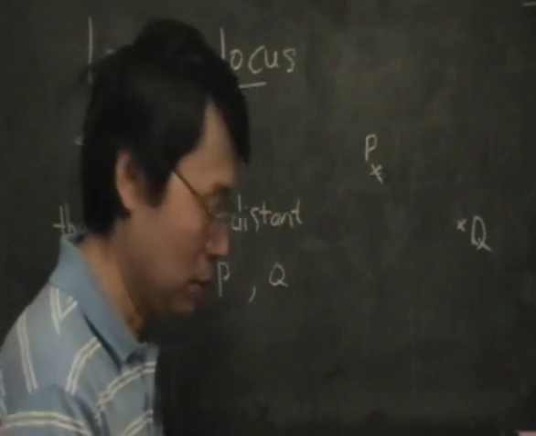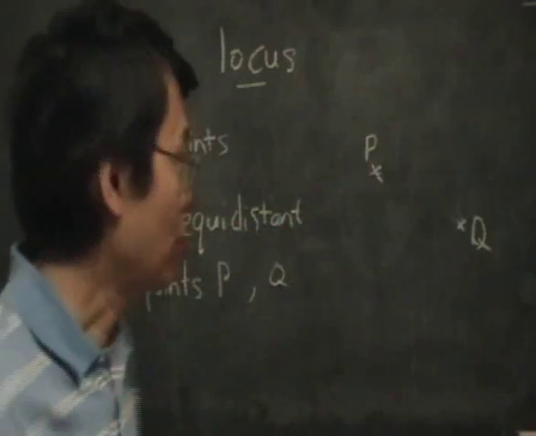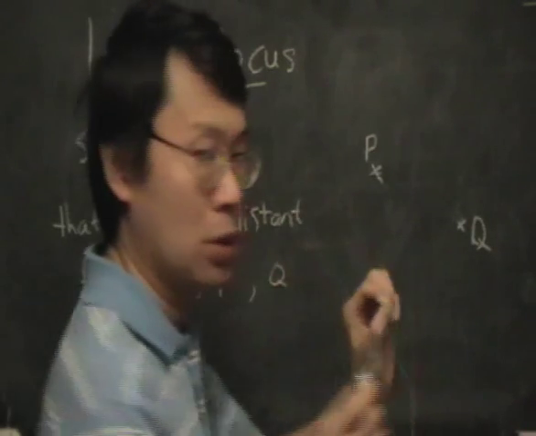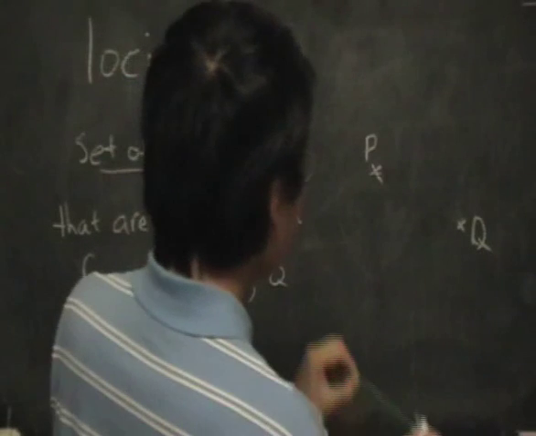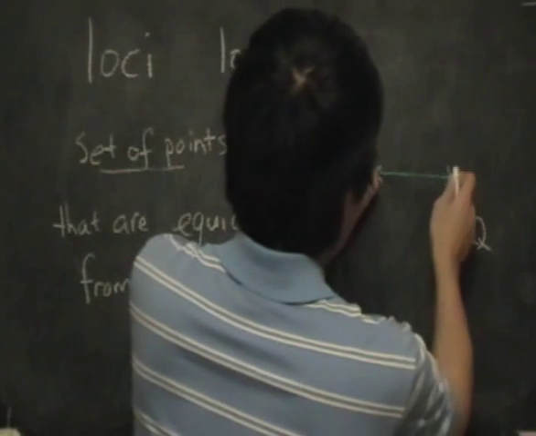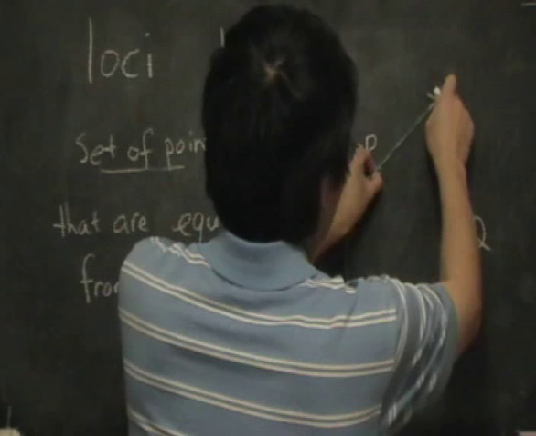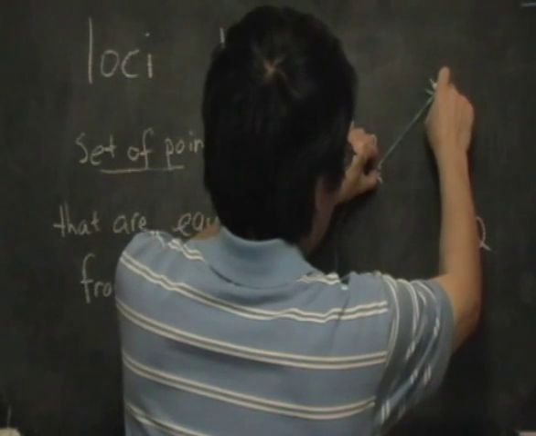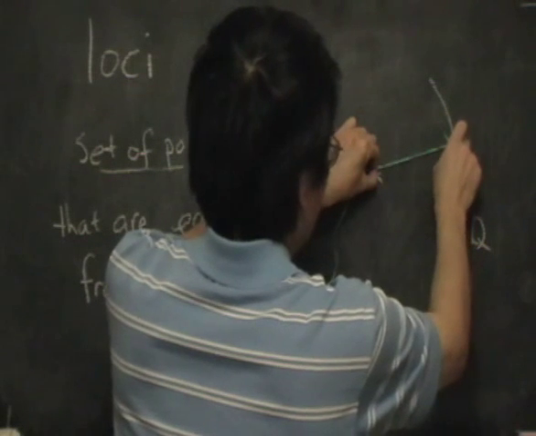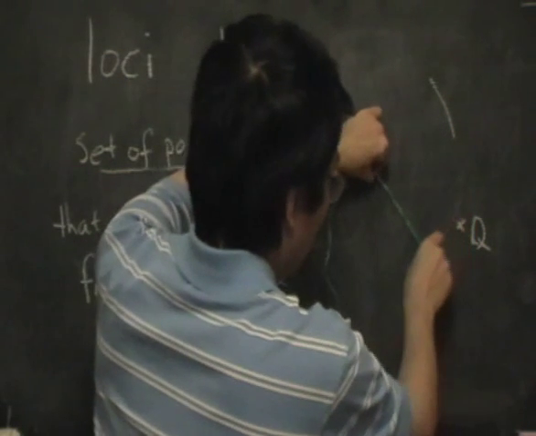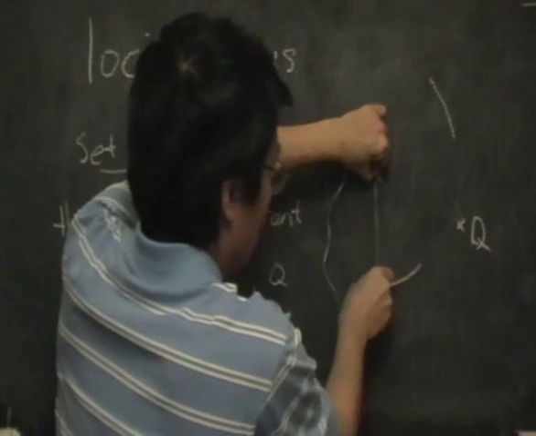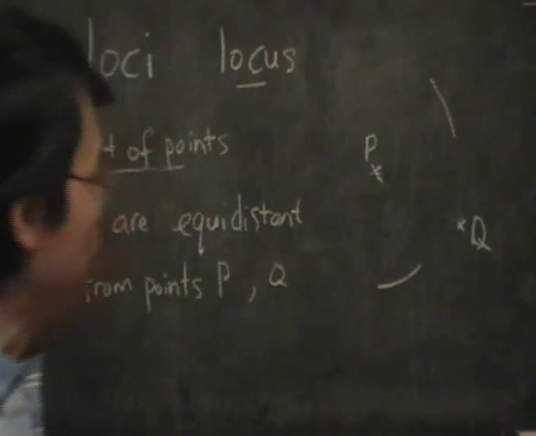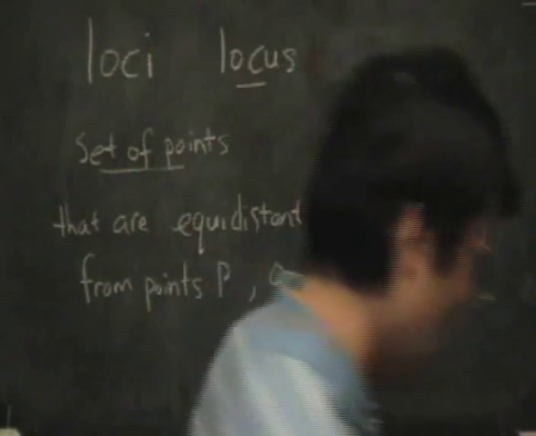Doesn't have to be equal. So with that distance, I'm going to put the needle at point P. Alright, I'll draw an arc roughly where I think the line will pass through. Alright, one arc on each side of PQ.